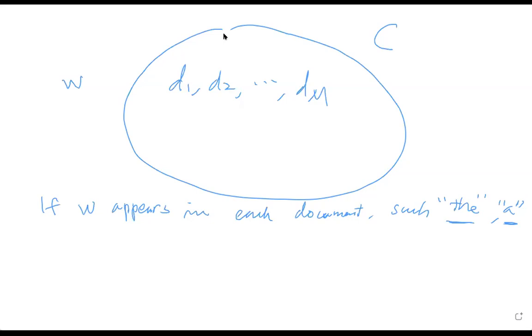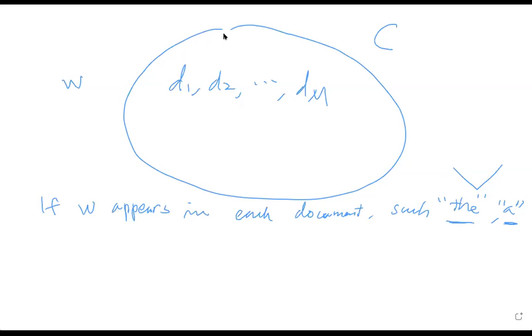Likewise, these are called functional words, but even if a word is not functional, a content word, if it appears in every document, then that word doesn't tell us much to distinguish the documents, right? Because our purpose is to select a document that best matches the query. So if it appears in every document, that doesn't really mean much.